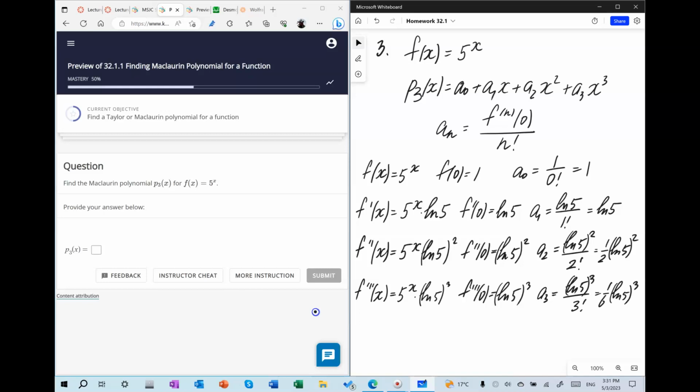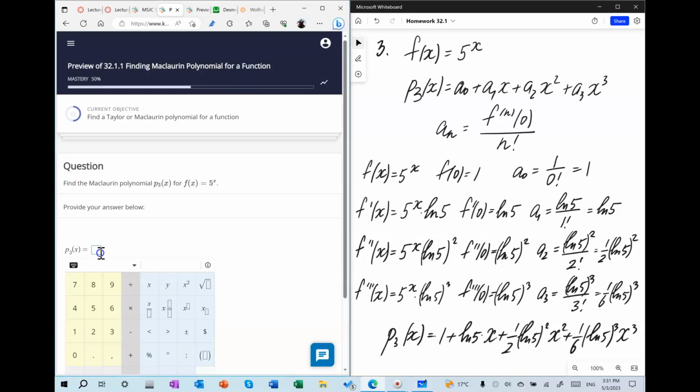So the Maclaurin polynomial of degree 3 is 1 plus ln 5 times x plus 1/2 ln 5 squared x squared plus 1/6 ln 5 cubed x cubed. And we can do some properties here.